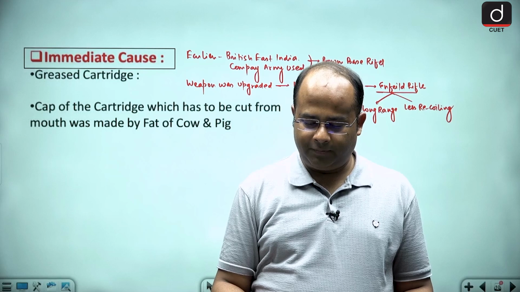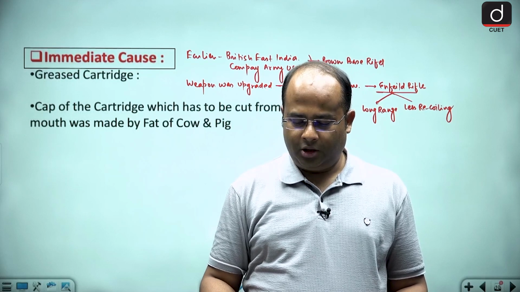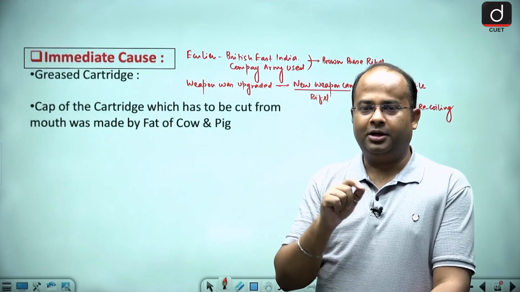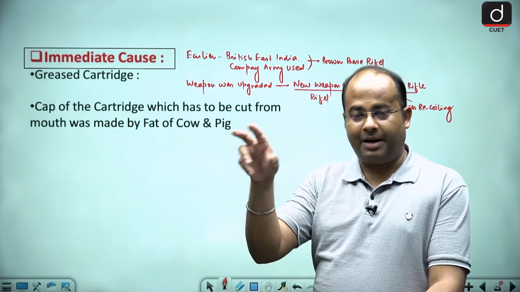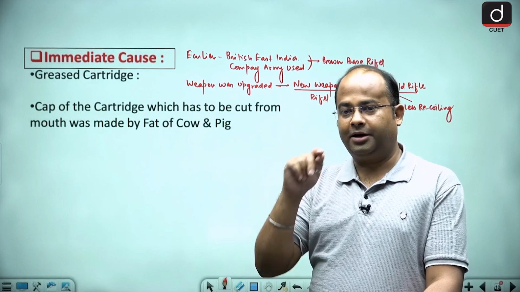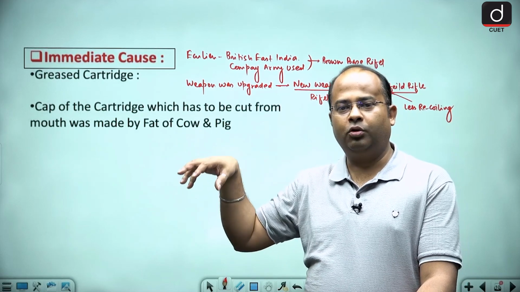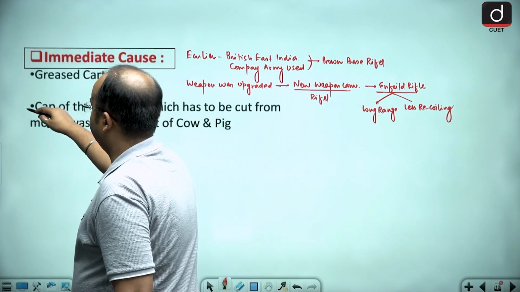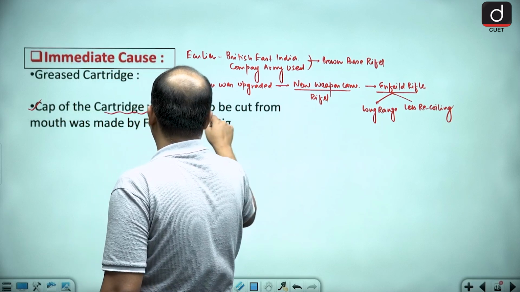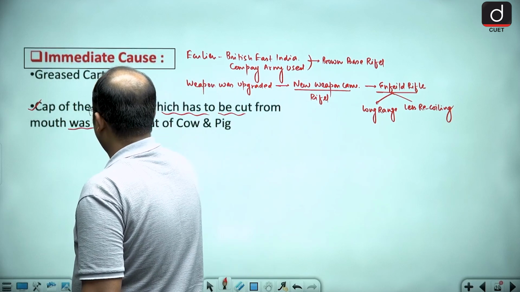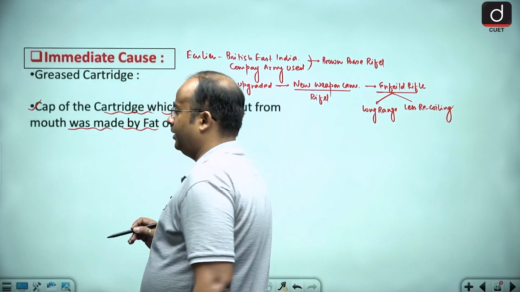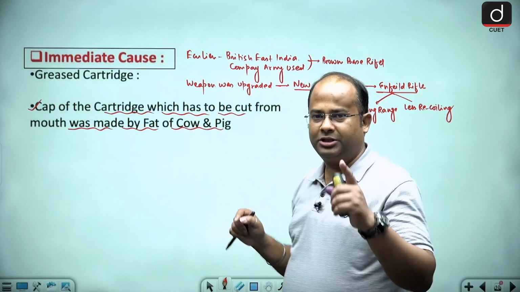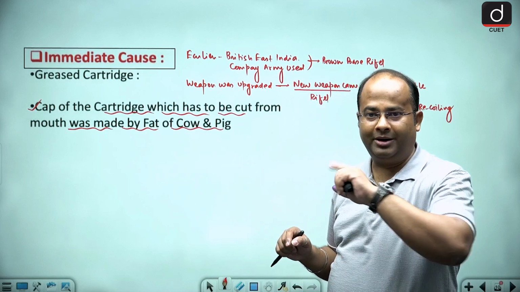If a soldier wishes to fire it, first of all he has to cut the cap of the cartridge, meaning the cap of the bullet, by mouth, and then load the gun. The cap of the cartridge had to be cut by mouth, and it was said to be made of the fat of cow and pig. So this rumor spread in the whole cantonment area.